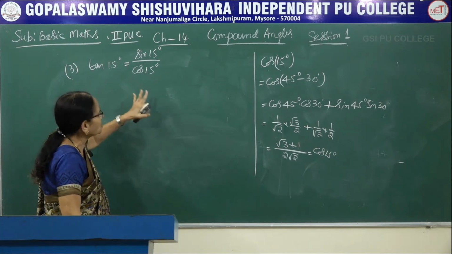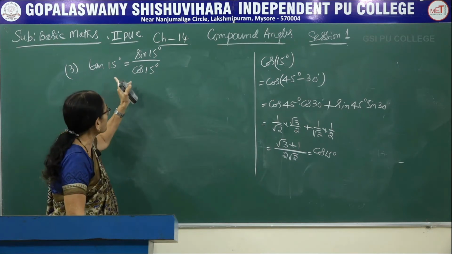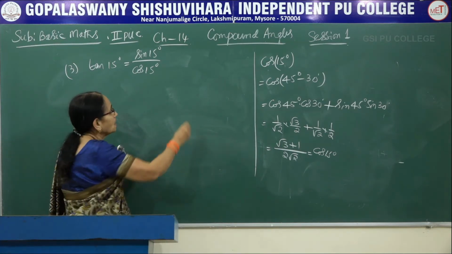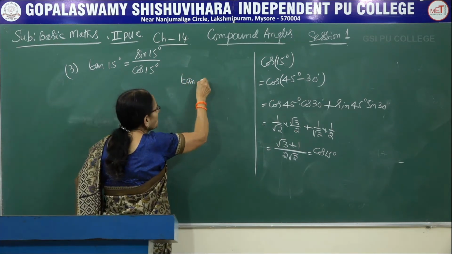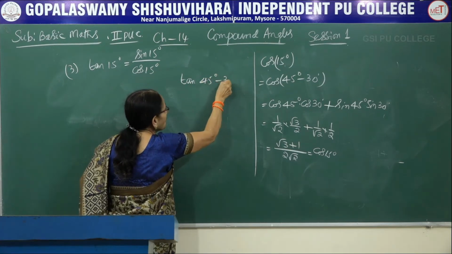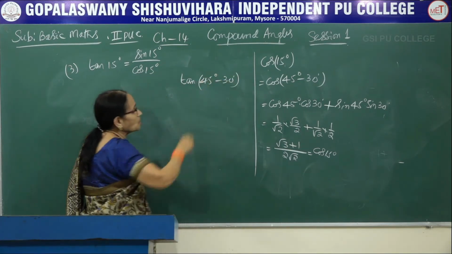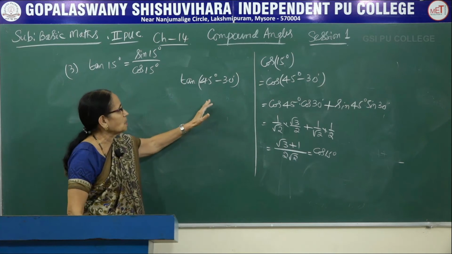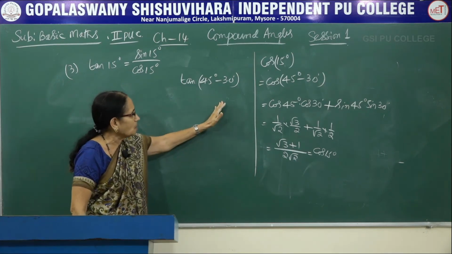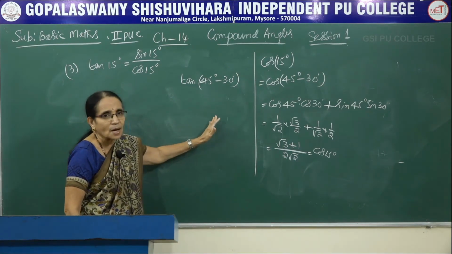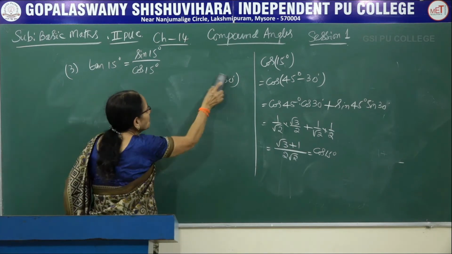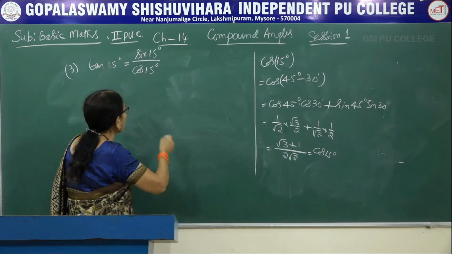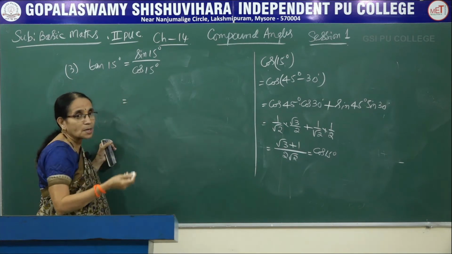Or else, as in the earlier case, you can split the angle and write 15 degrees as tan of 45 minus 30. So I have to use the formula tan of A minus B, which is tan A minus tan B divided by 1 plus tan A into tan B. Both the methods are correct here. Let me write the values which have already been derived.